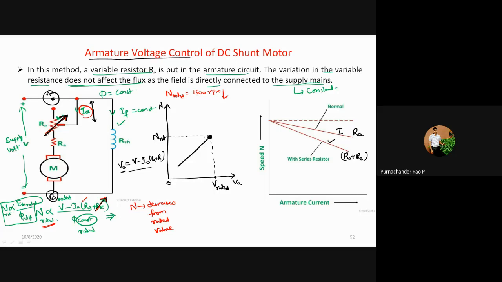This also is indicating the same thing. From the rated voltage, as your armature voltage is decreased, your speed gets reduced.